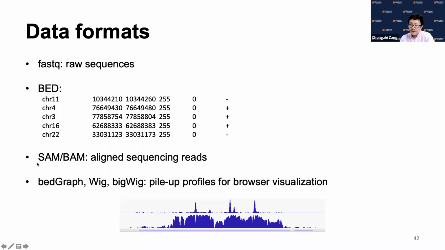Other formats you will probably see include SAM and BAM, which can store aligned sequence read information. For data visualization or processed data, formats include bedGraph, WIG, or BigWig, which represent the pileup profiles that can be used for browser visualization, like these for ChIP-seq data.